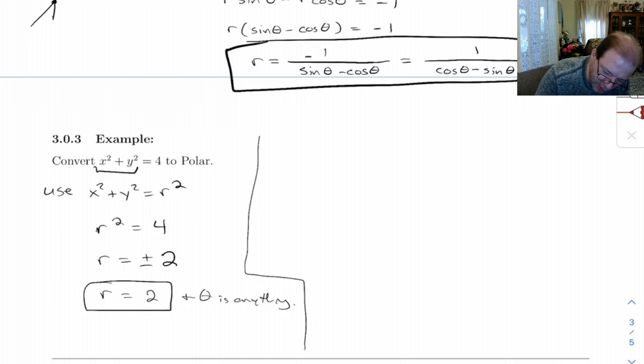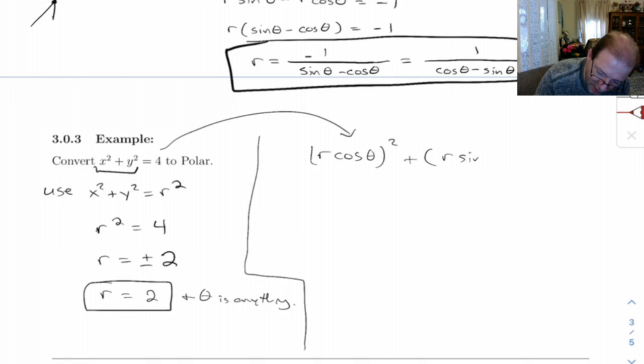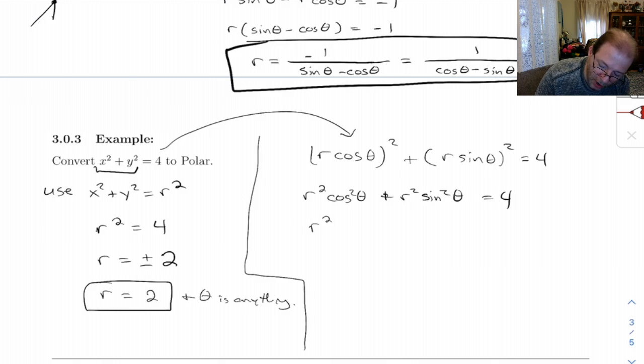But if you wanted to, you could replace the x with r cosine theta, squared, and replace the y with r sine theta, squared, equals 4. And when you square this out and factor the r squared out, you're left with cosine squared theta plus sine squared theta equals 4.